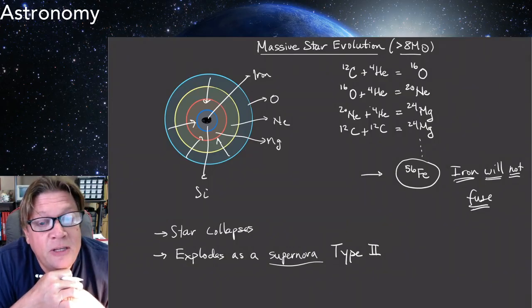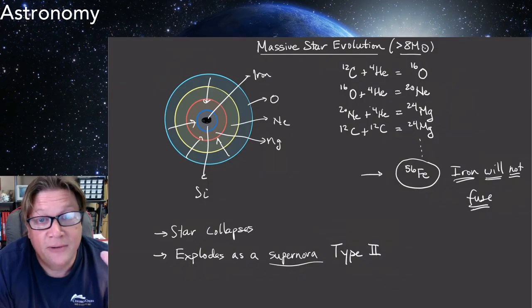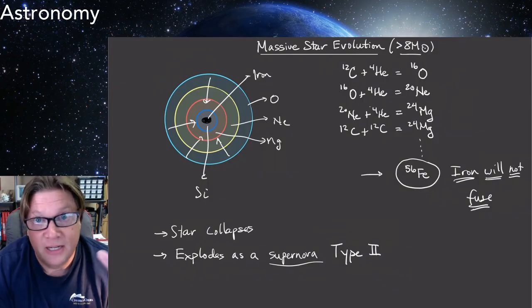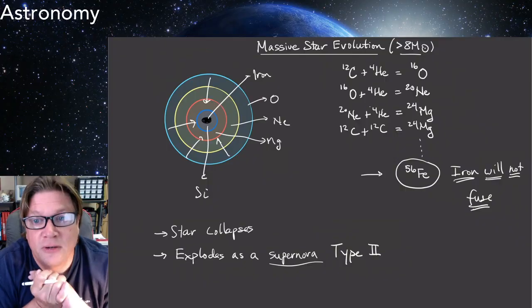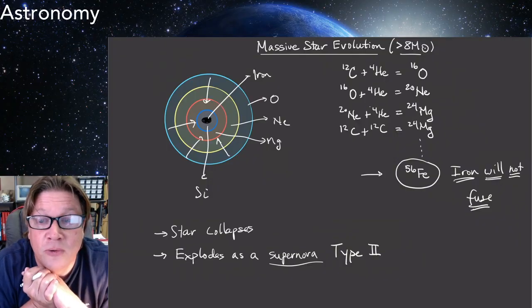And notice all of these new elements that they generate, all the oxygen, neon, magnesium, silicon, and so on, all this stuff is spewed out into the interstellar medium. And what that does over billions of years is it collects back together slowly and forms new generations of stars. And now the new generations of stars have been enriched with this new carbon, oxygen, neon, magnesium, and so on.